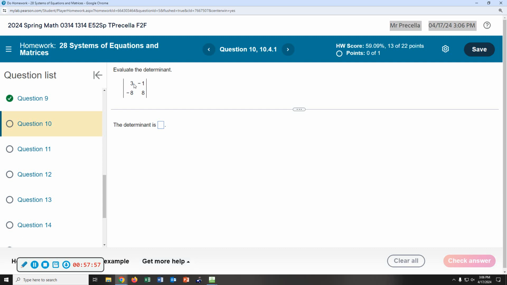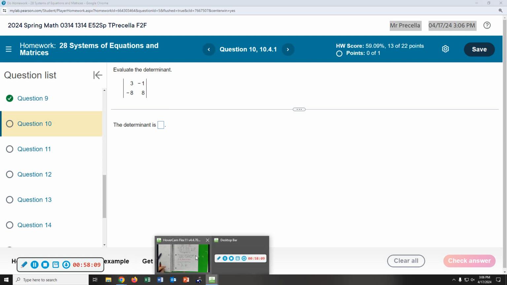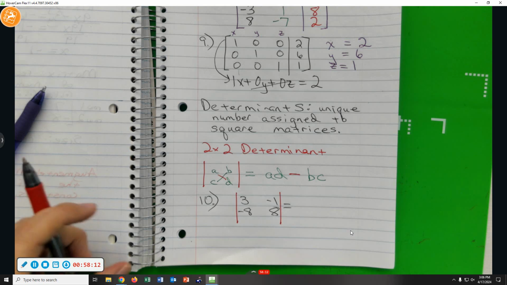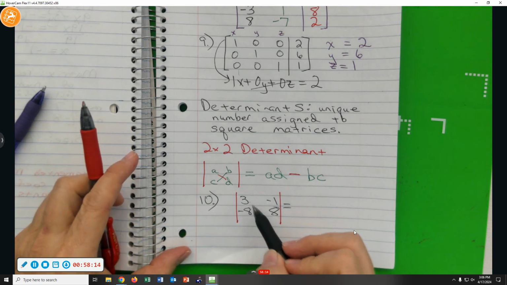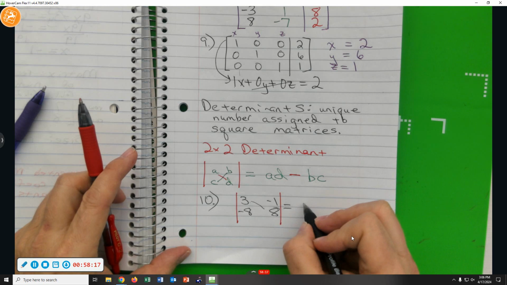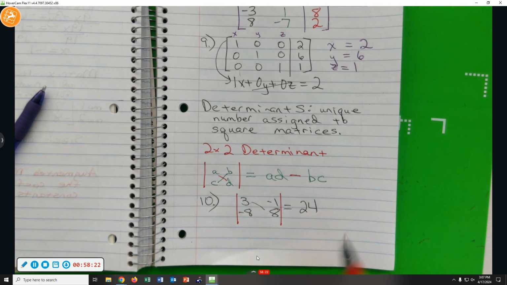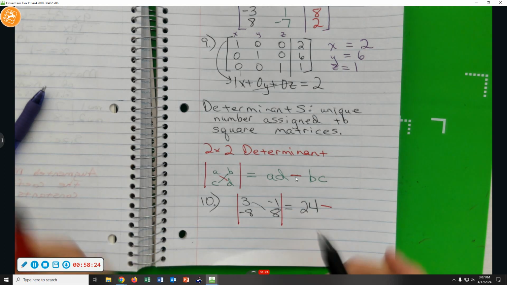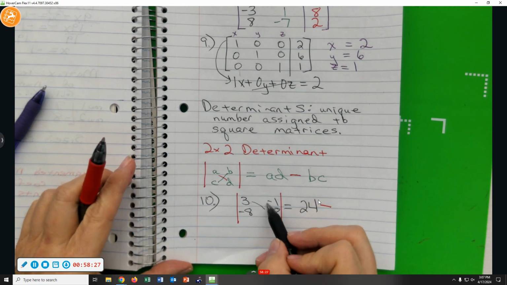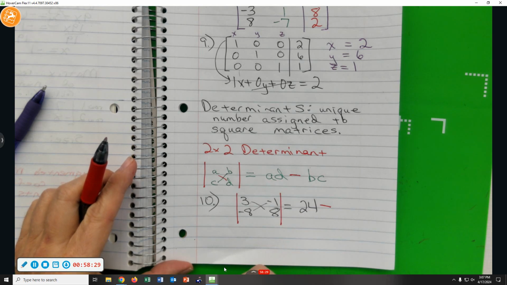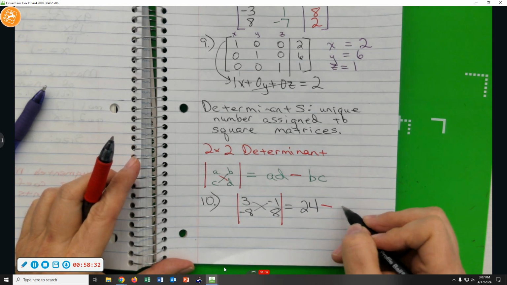Okay, so it's 3, negative 1, and negative 8, 8. And there's my determinant bars. Equals. You start at the 3. 3 times 8 is 24 minus, now the other diagonal, negative 1 times negative 8 is positive 8.